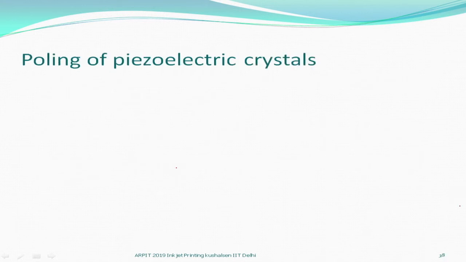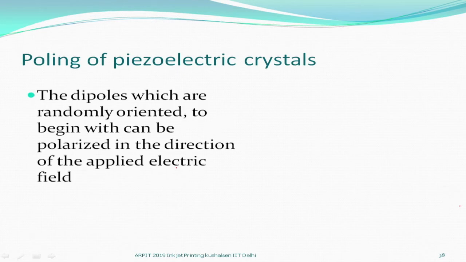There is a process called poling. The dipoles which are there in these entities, the crystals that we are talking about, are generally randomly oriented, and because of that you do not see any effect of compression or extension, but they can be polarized. The entities therefore can change their position to match a certain direction.